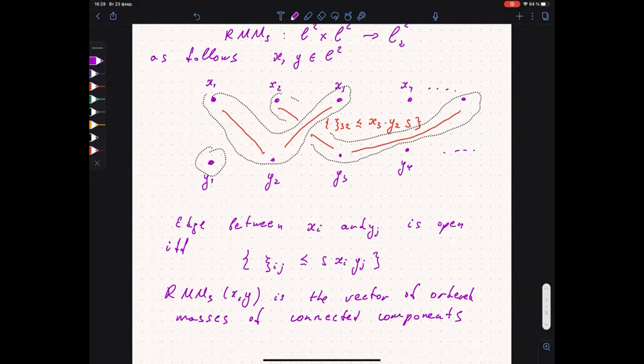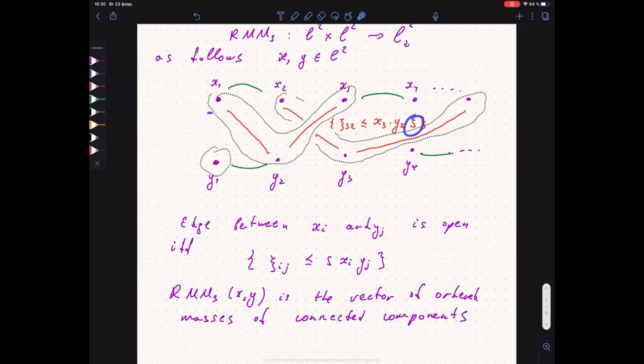Let's assume that you also add edges between vertices from the same group, according to the same rule which we used. Then, when we consider the vector of ordered masses of connected components, it is exactly the value of the multiplicative coalescent at time s, which starts from that configuration.